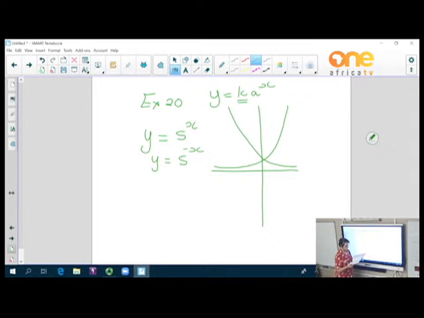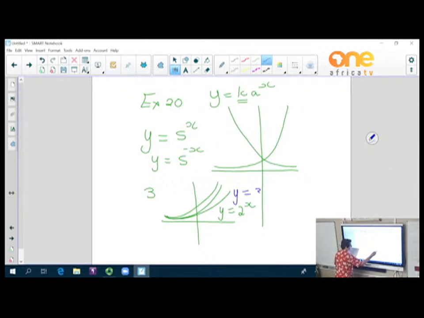Look there in the textbook on page 171. You can look there at number 2. There we can see a decay graph. And number 3, look at number 3. We have those 3 graphs looking like that. The first one is y is equal to 2 to the power of x. The second one, y is equal to 3 times 2 to the power of x.